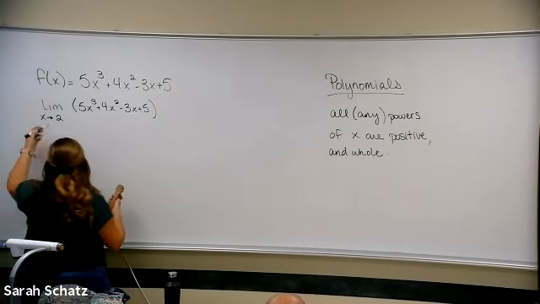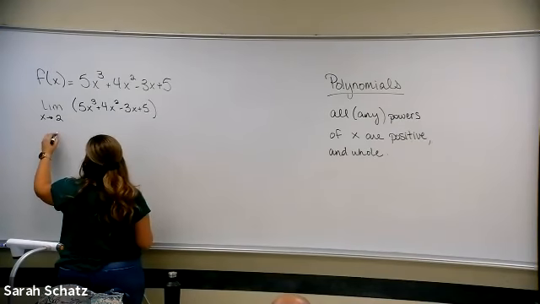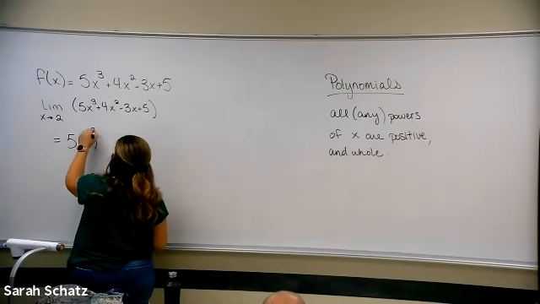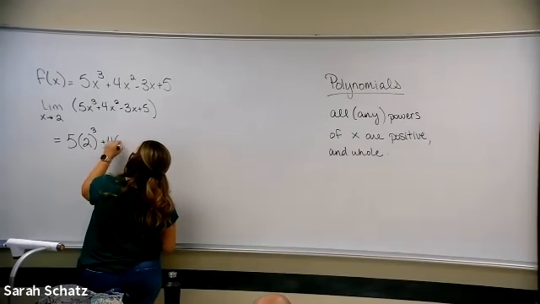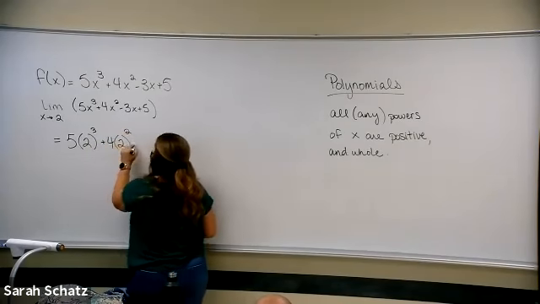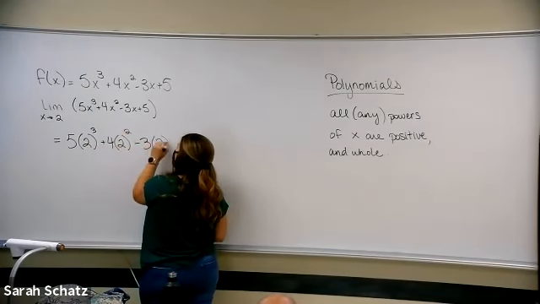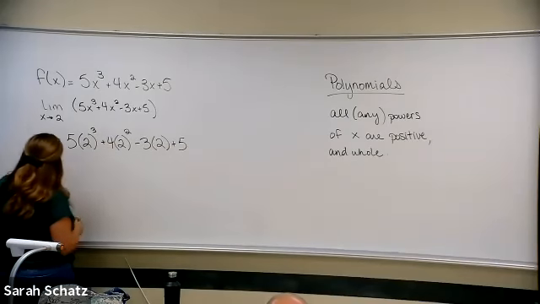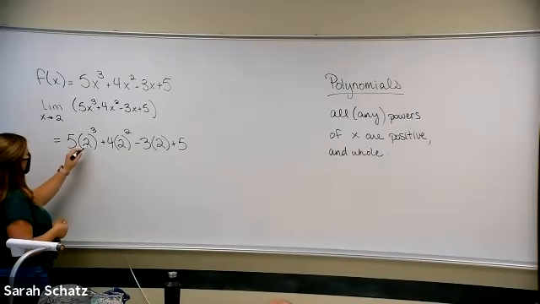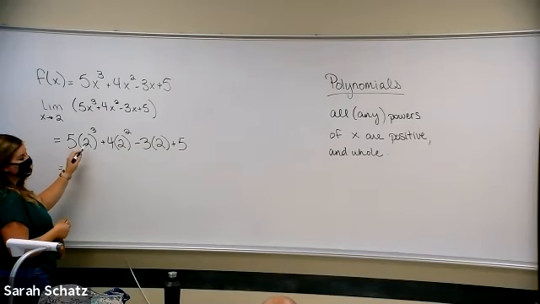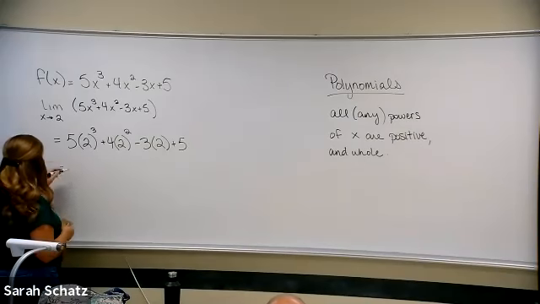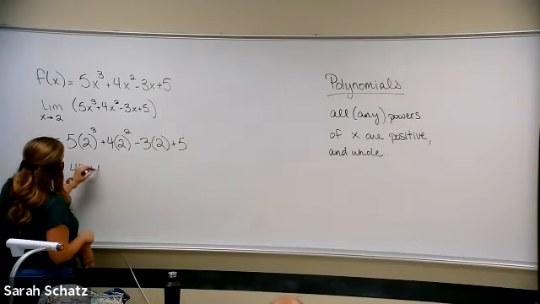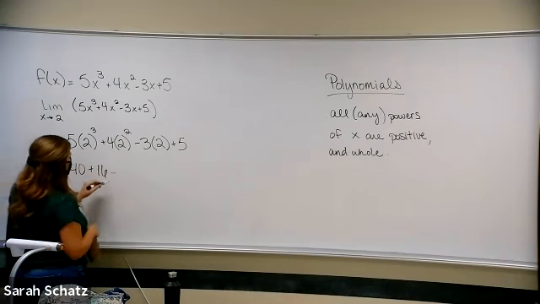So let's find it. Taking the limit as x approaches 2 is as easy as putting a 2 in for every x value. So we do that. 5 times, make sure you do the power first. 2 cubed is 8, so 5 times 8 is 40. 2 squared is 4, so 4 times 4 is 16, minus 6 plus 5.